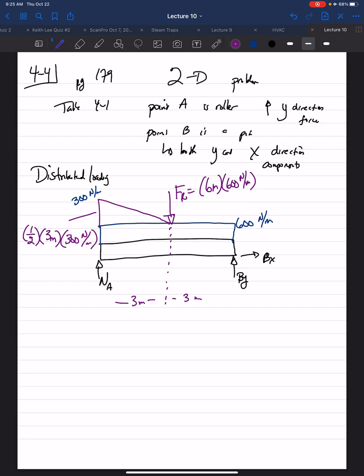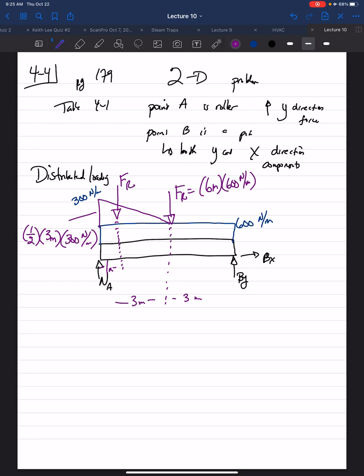And that acts, we said, a third from the base, which is a third of 3 meters, so this will be 1 meter. It's where that resultant force of the triangular loading acts. So now we have everything to get to work.